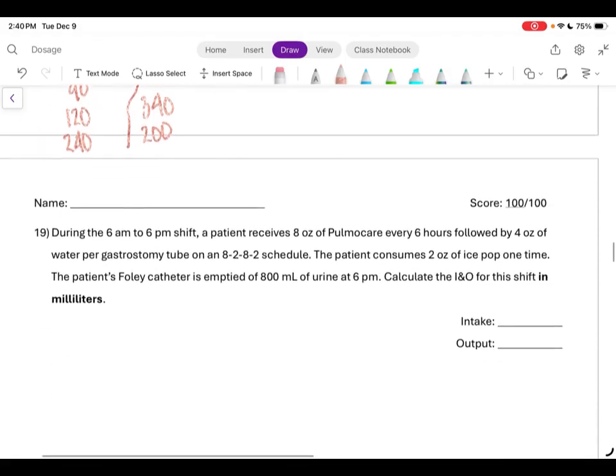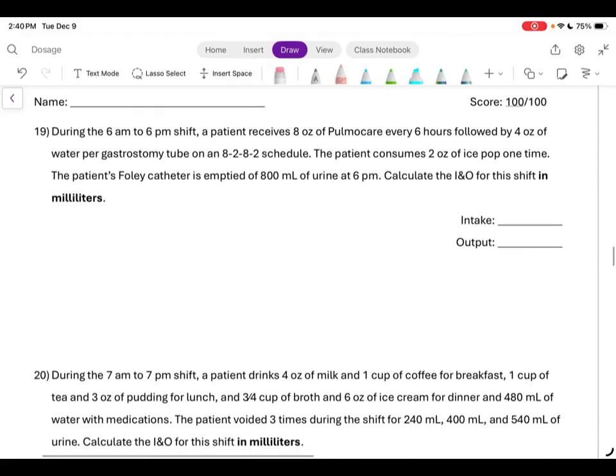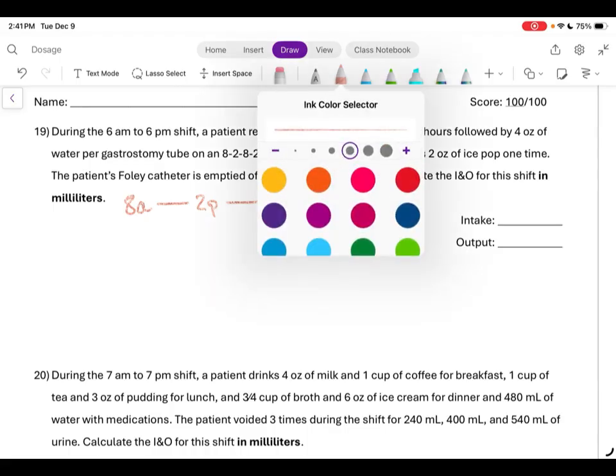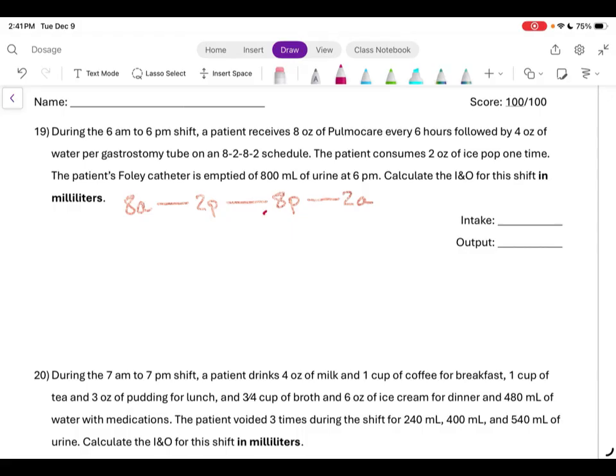Let's move on. Again, we have another scheduled one here. So let's see, we got 8 a.m., 2 p.m., 8 p.m., and 2 a.m. The question is telling you that you're only working 6 a.m. to 6 p.m., so we only care about those first 2 administrations. So we don't care about this and we don't care about that.